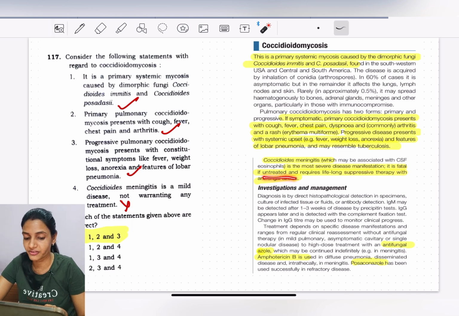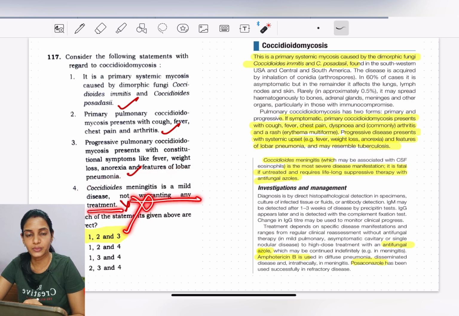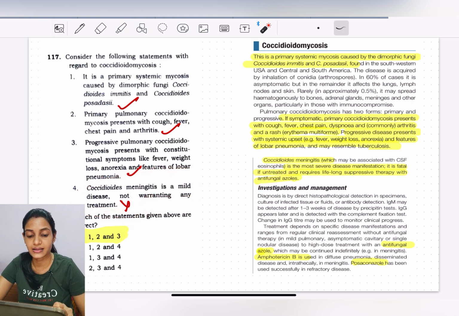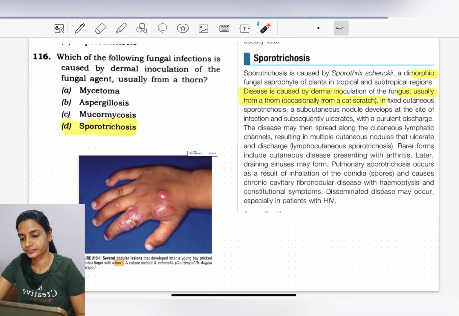It is fatal if untreated and requires lifelong suppressive therapy with antifungals like azole and amphotericin B or posaconazole. So the statement that it is a primary systemic mycosis is true. These three statements are true. Fourth is wrong. Why? Because they are saying that it does not need any treatment. That's wrong. We just now read that it is a severe disease manifestation, and if it is untreated then it can be fatal. So the answer for this is 1, 2 and 3.